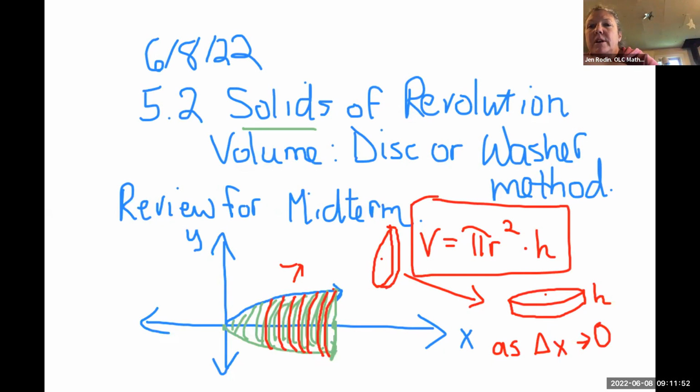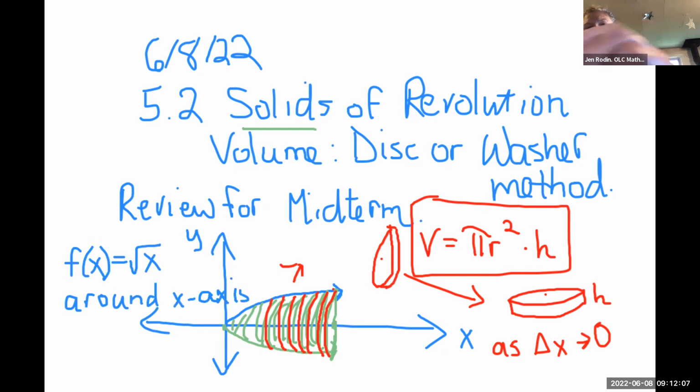But the volume of our whole solid, so this one I just went off the cuff with: f of x was root x. Let's say I'm turning it into an example. It's around the x-axis. They have to tell you that part where it's spinning, because it could spin around the y-axis too. Then let's say we want to go from the interval 0 to 9, because the square root of 9 is 3.